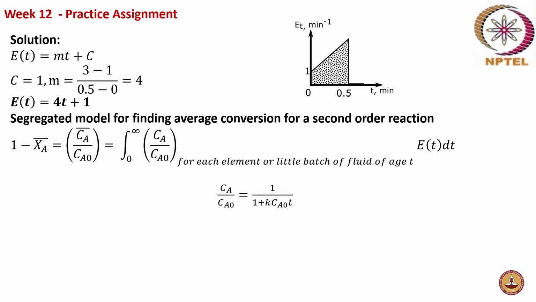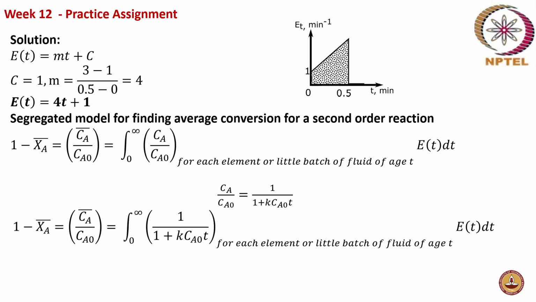For a second order reaction, C_A by C_A0 is equal to 1 by 1 plus k C_A0 t. Substituting that into the average conversion expression, we get 1 minus X_A bar equal to C_A bar by C_A0, equal to the integral from 0 to infinity of 1 by (1 plus k C_A0 t) multiplied by E of t dt.